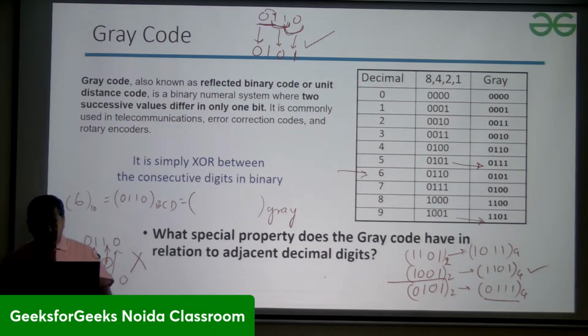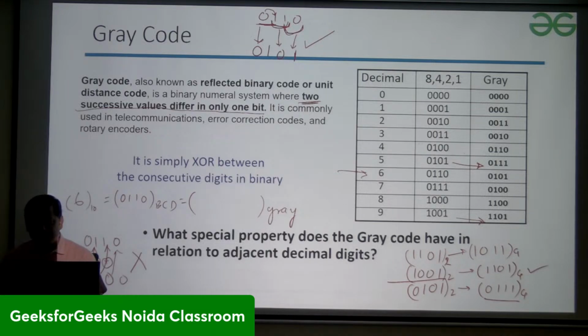Like in the previous one, we have seen some special relation between the values. So what special property does gray code have in relation to the adjacent decimal digits? We have written it over here: in two successive values, only one bit is flipped. How could you check this?